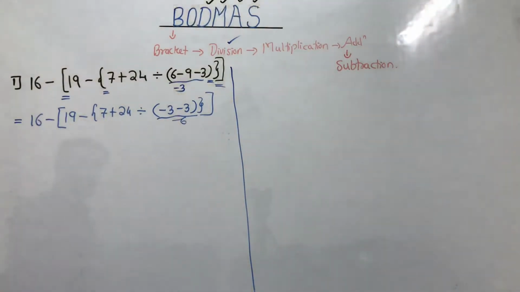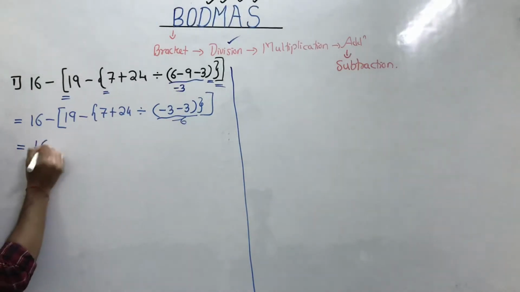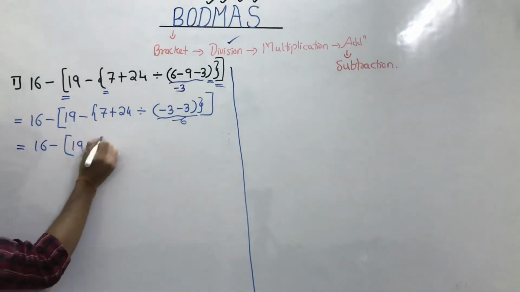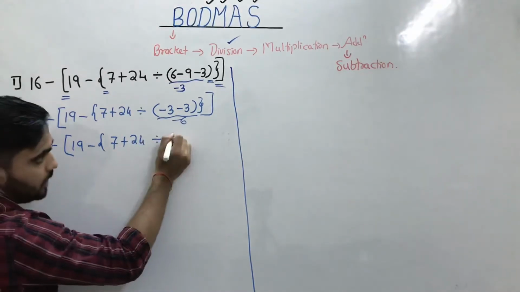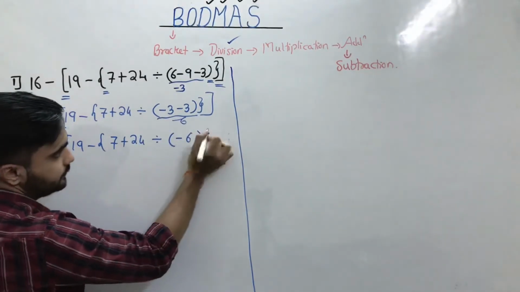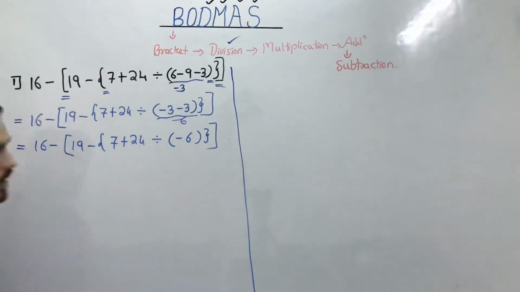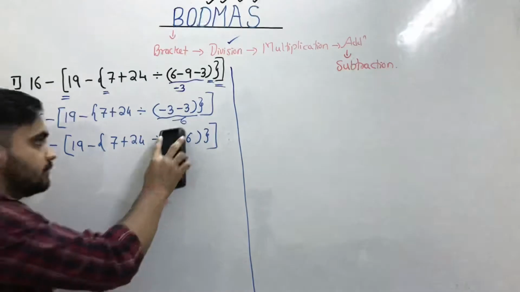Again I'll write all the things as it is. So 16 minus 19 minus 7 plus 24 divided by minus 6. Now I have a single digit, hence I can open this bracket.